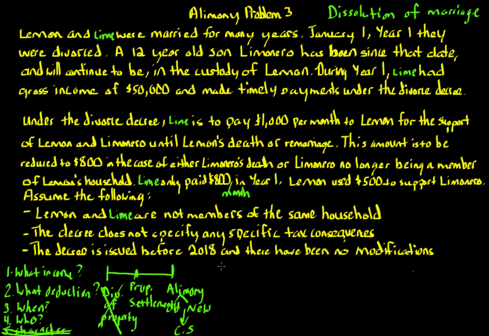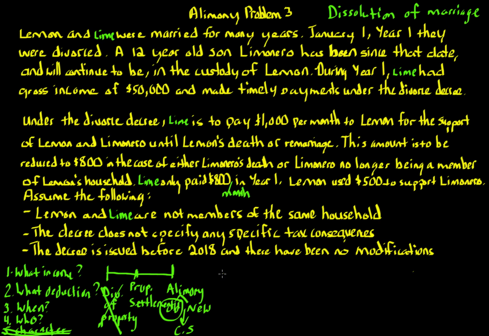The new rules would also apply if the divorce decree or separation agreement was issued before 2019 and there was a modification after 2018 stating that you're meant to apply the new tax law. Well, we don't have that here. We're under the old tax law, because the decree is issued before 2018 and there have been no modifications whatsoever. So we're under the old law.